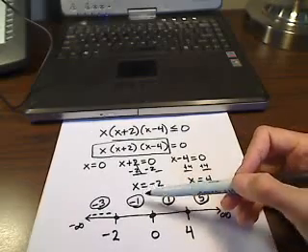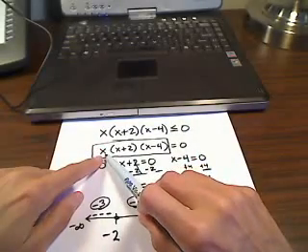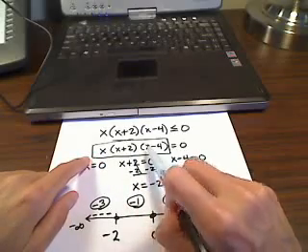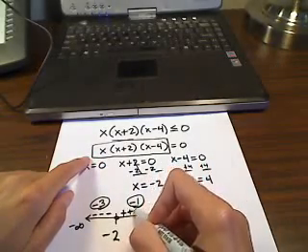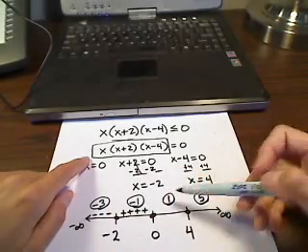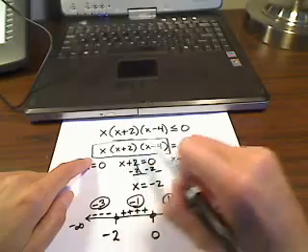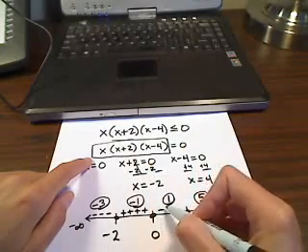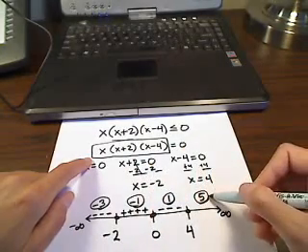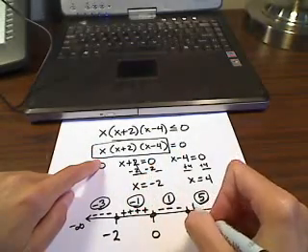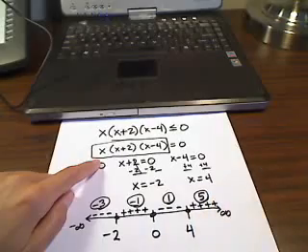If we take negative 1 and plug it in, we have a negative times a positive times a negative, which ends up being positive. If we take positive 1 and plug it in, we have a positive times a positive times a negative, so that ends up being negative. And if we take 5 and plug it in, it'll be positive, positive, and positive, so that ends up being positive.